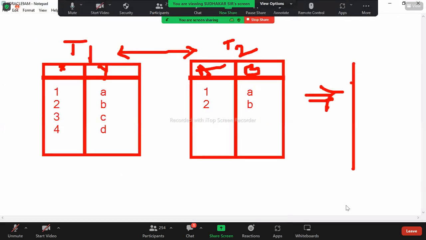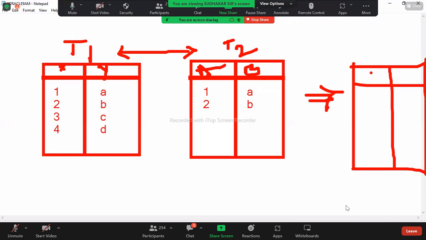What will your final output be? Come on. Here 1A is there as usual, 2B as usual. What is added here? 3, 4, that is C and D.